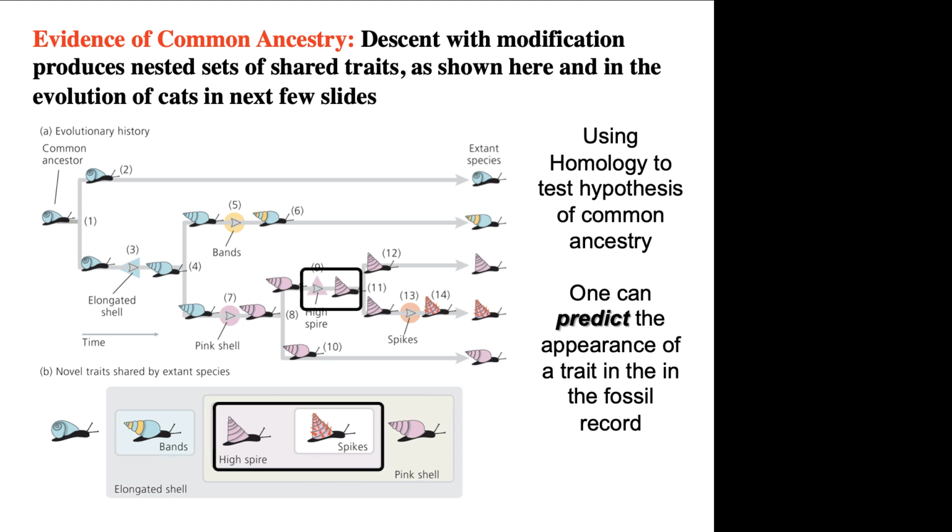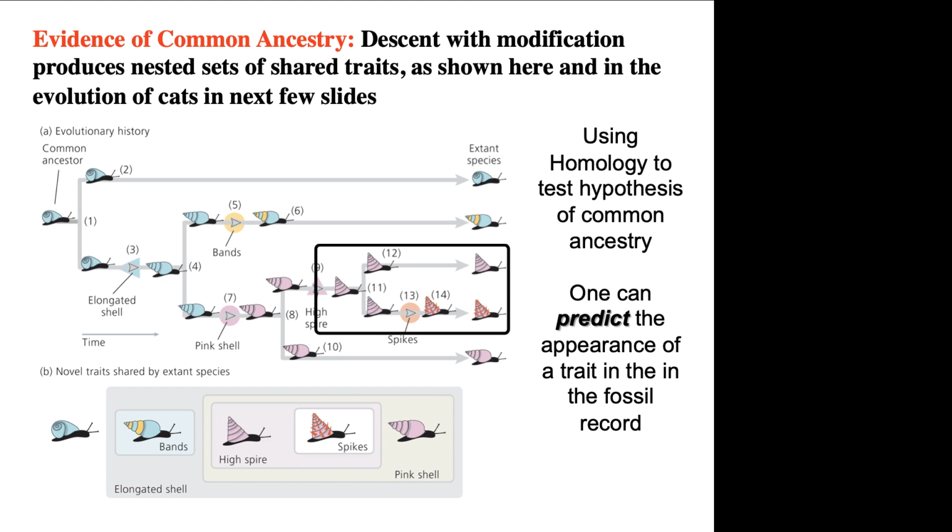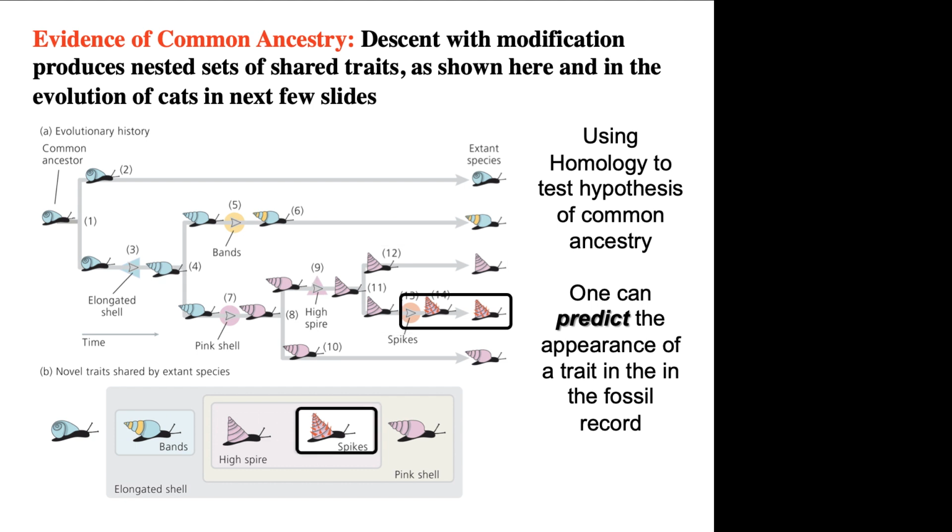One of those branches attains high spires, and so you get these ones over here with high spires, and then one group has a variant that develops spikes, and so you can line these up in a logical fashion to show how evolution has proceeded in those organisms.